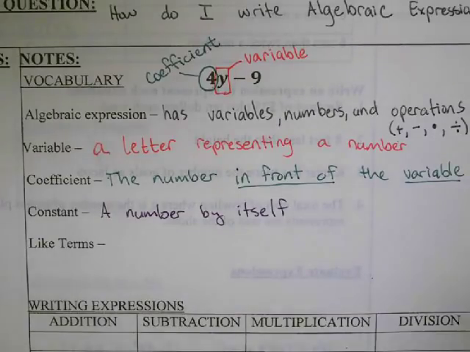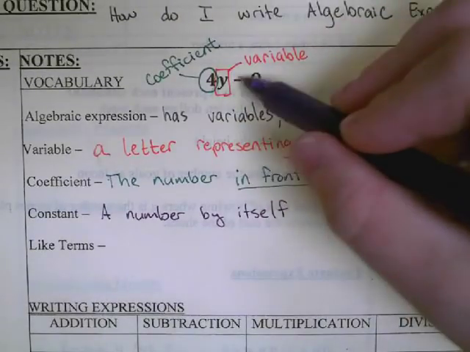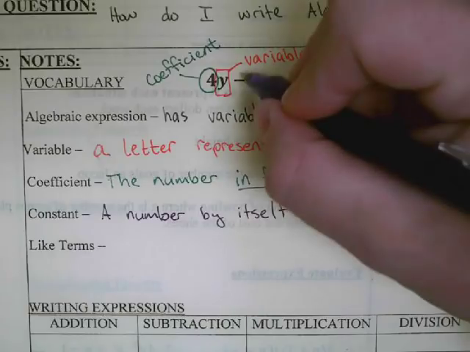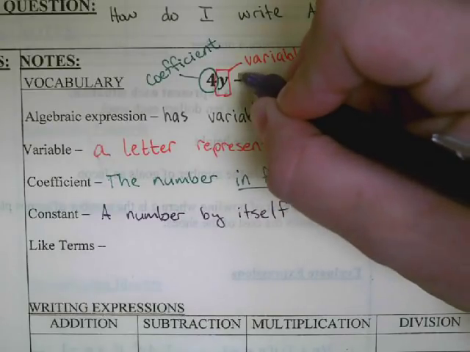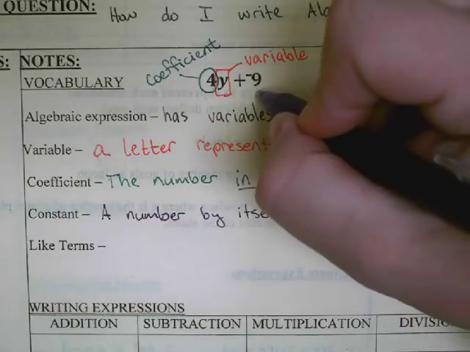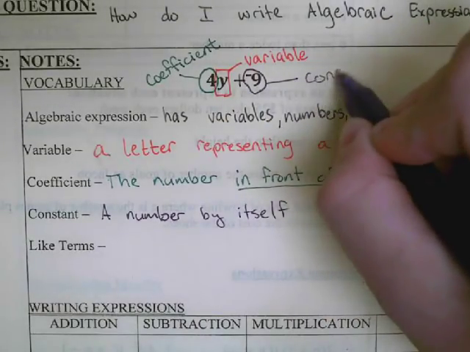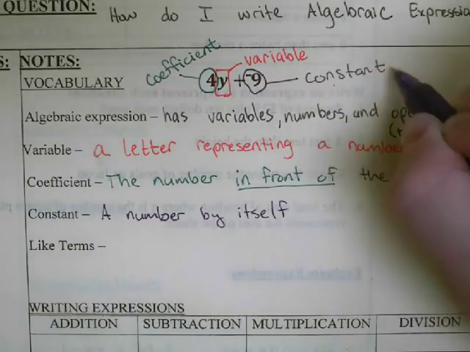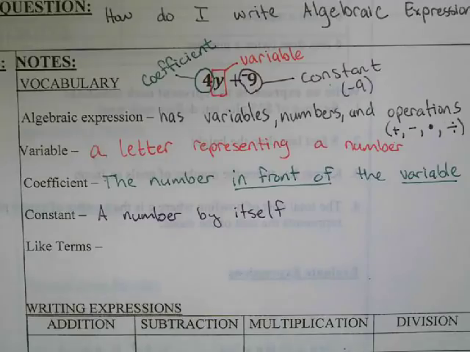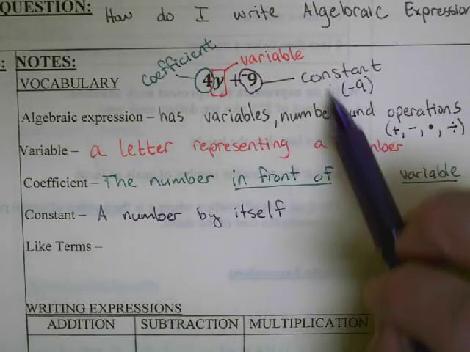Now what I want to point out is for us to talk about this constant, we have to use our keep, change, change idea. So we'll keep this first term the same, and then we change to a plus the minus. So now my constant is really -9 in this case. So by doing the keep, change, change, we can see what the constant really is.